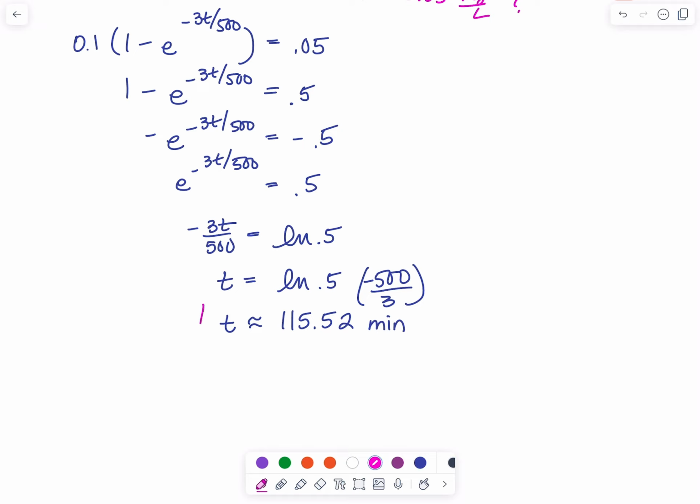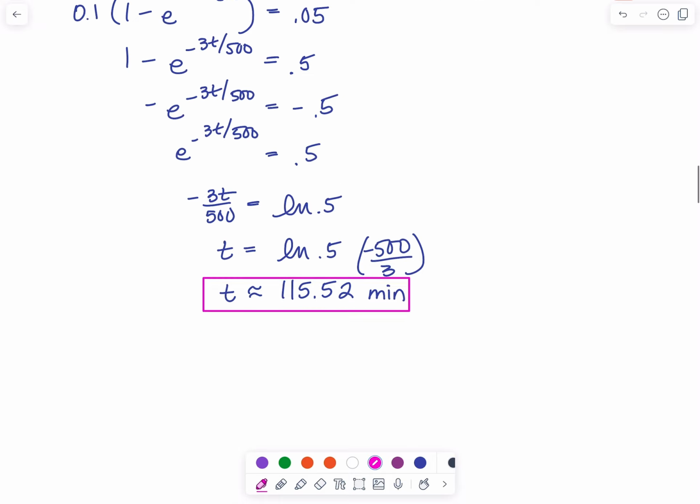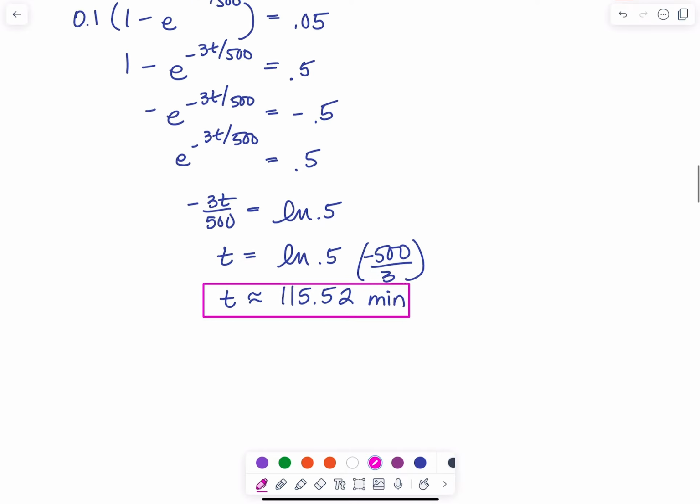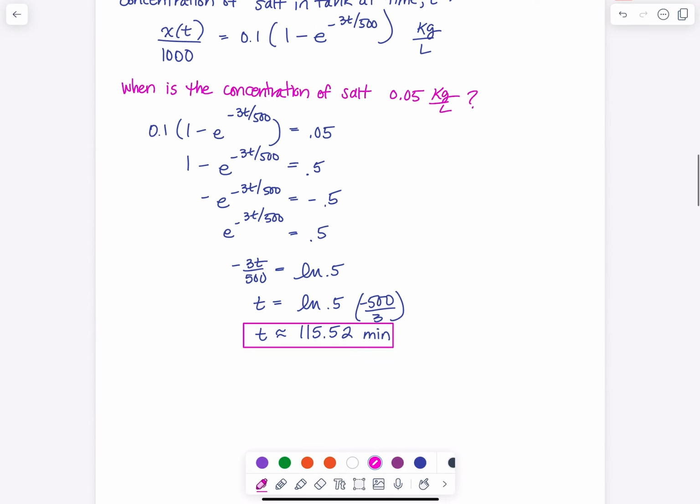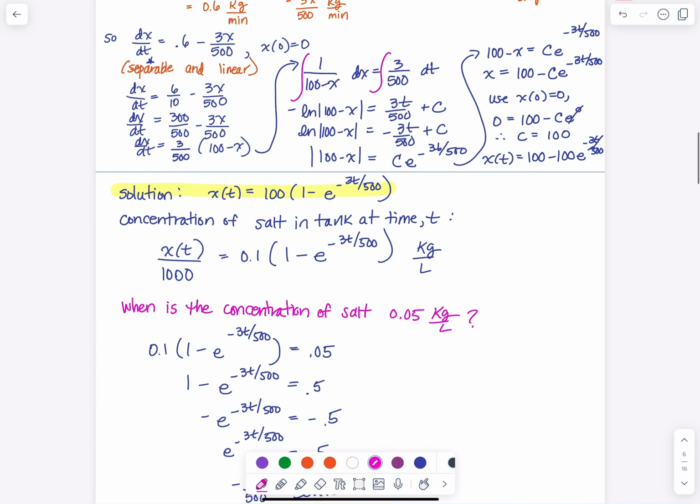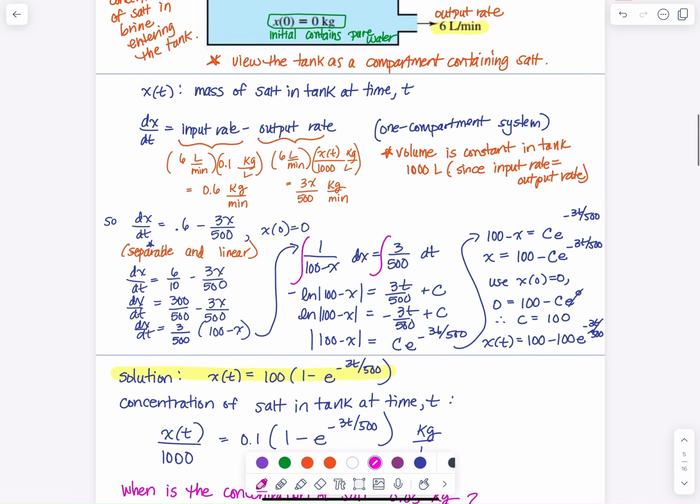And we'll go ahead and square that off. So the concentration of the salt is going to be 0.05 kilograms per liter after 115.52 minutes.